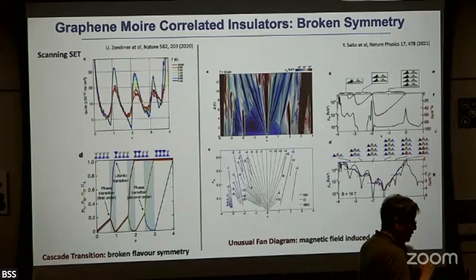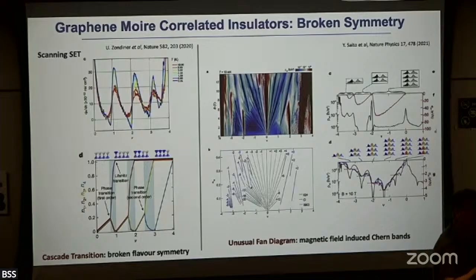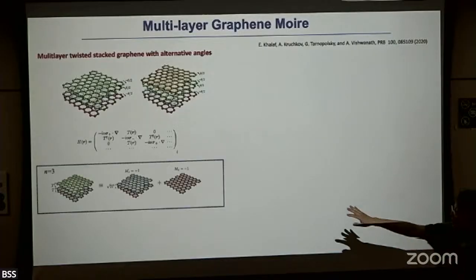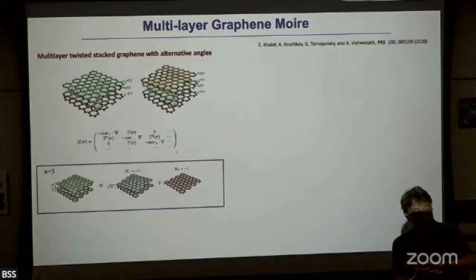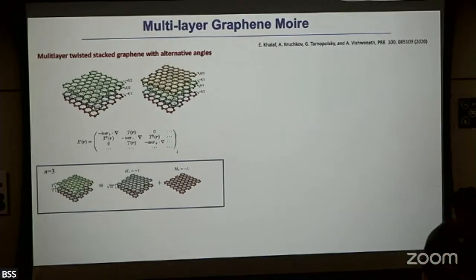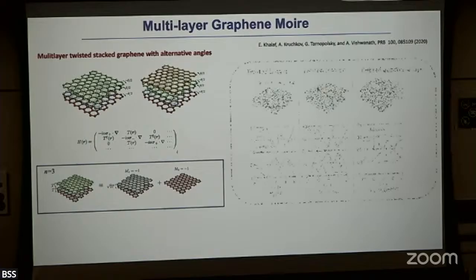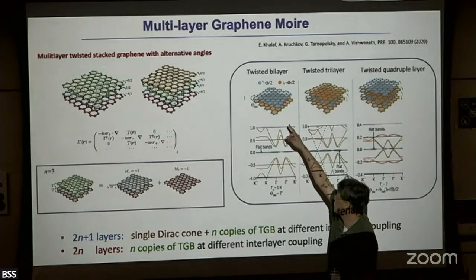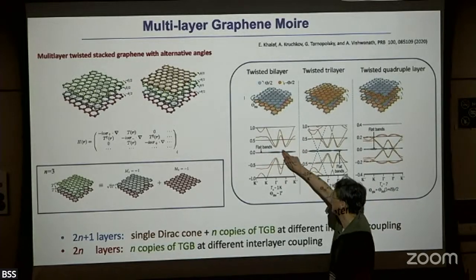One of the ways we can get around that is to use a thicker sample, with more layers. Indeed, when the theory first came around, instead of twisted bilayer, if you go to twisted 3-layer or 4-layer, very similar physics translates to the multilayer. In twisted bilayer, if you control the angle right, you get a flat band.